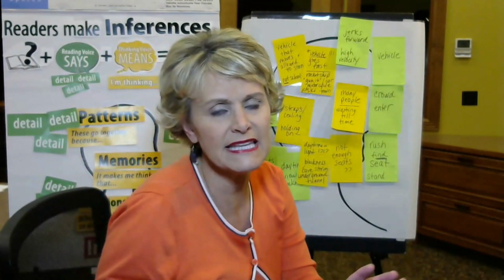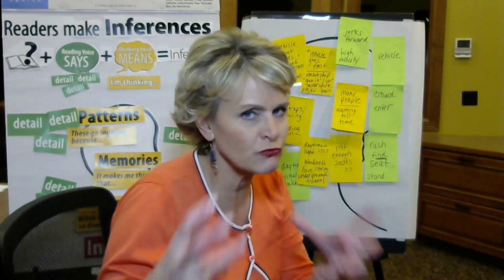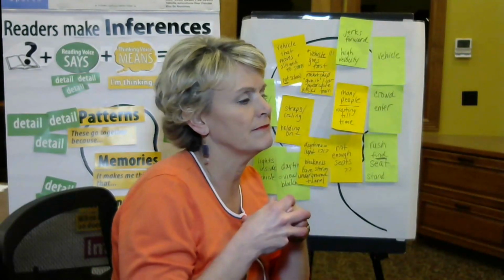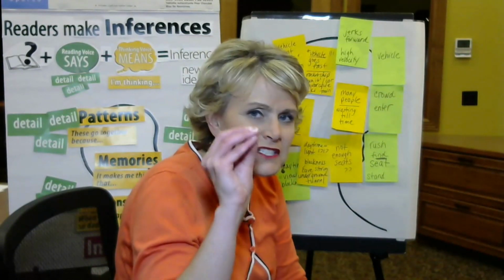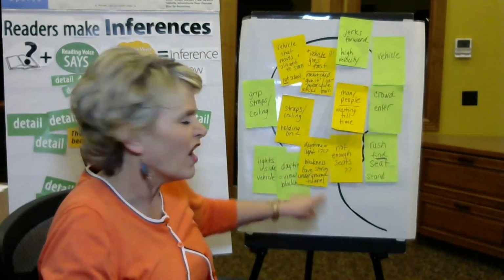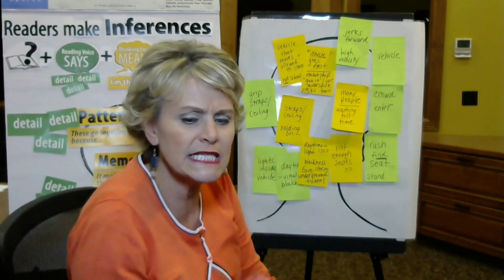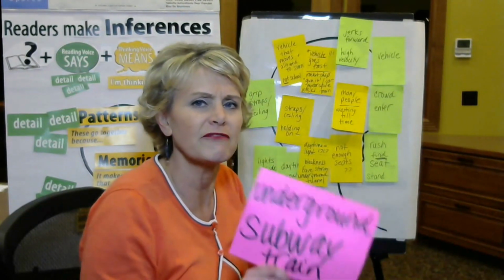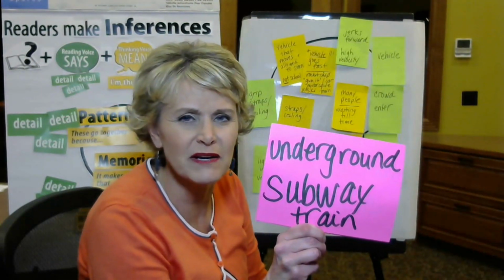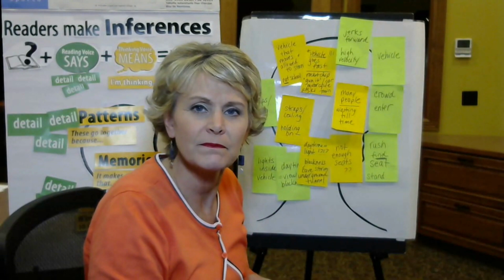So I'm definitely thinking it's some kind of a train, some kind of a subway, but more specifically, this whole underground business, this darkness, this was big for me to know it's an underground subway, it's an underground train. I did it.